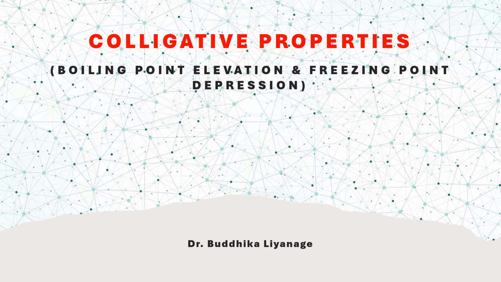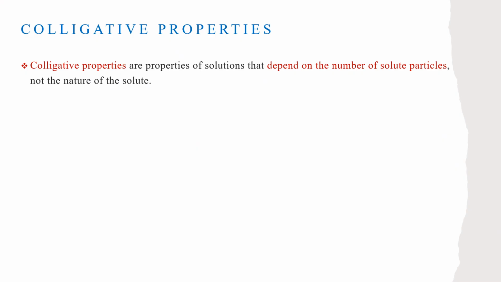So today I would like to talk about colligative properties, boiling point elevation and freezing point depression. Colligative properties are properties of solutions that depend on the number of solute particles, not on their identity.